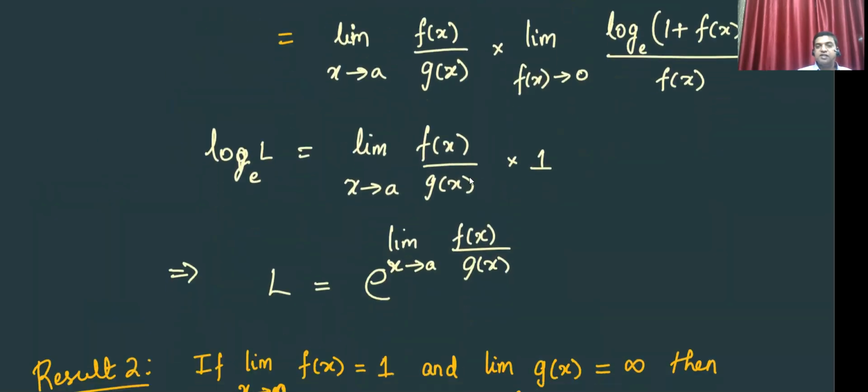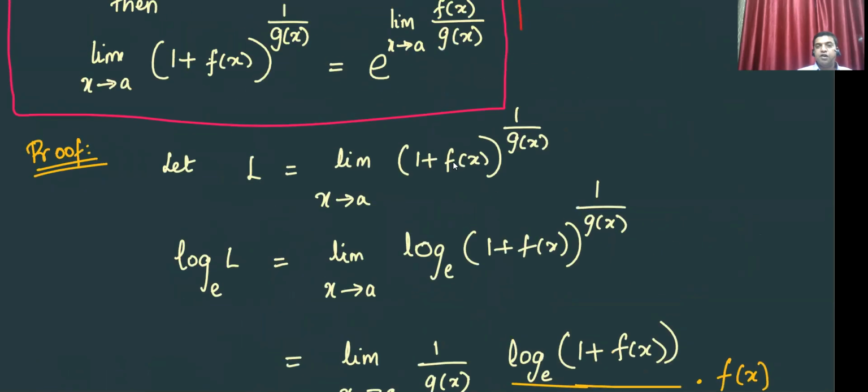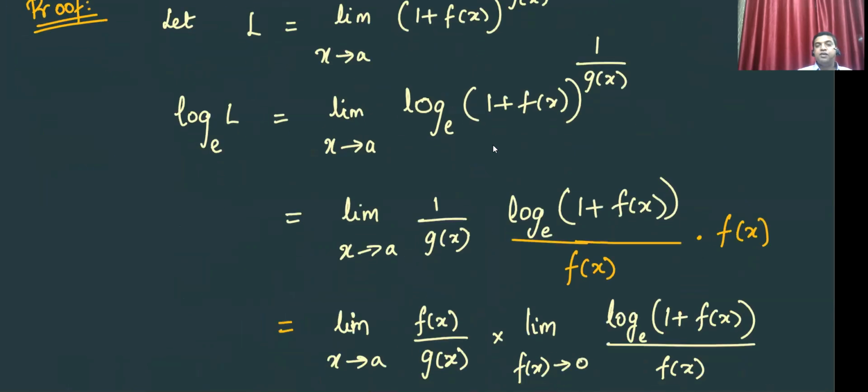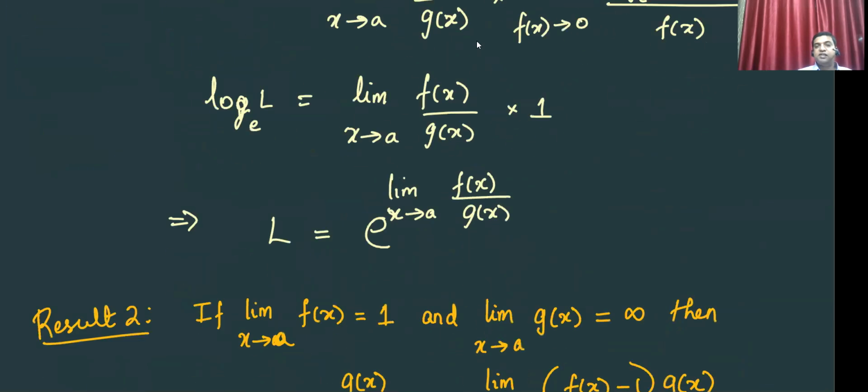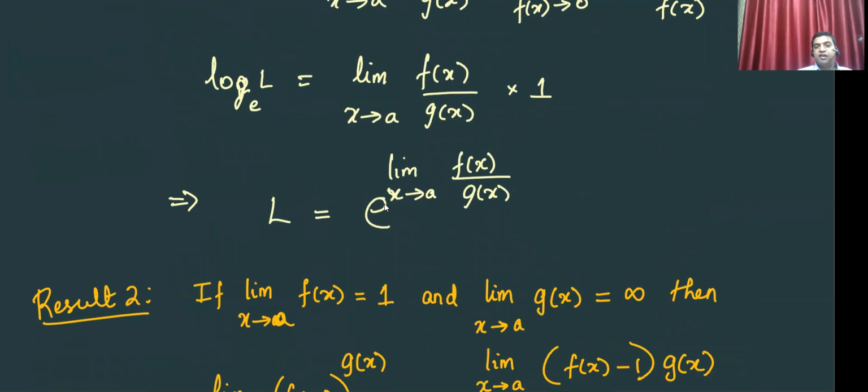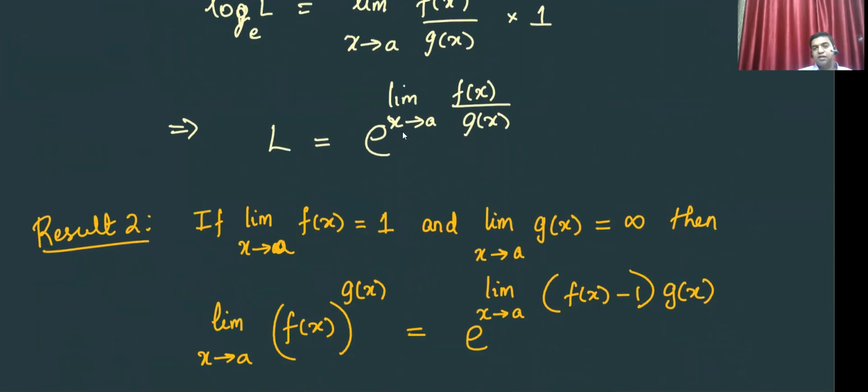In the previous case, both f of x and g of x are tending to 0. So this is 1 plus 0 raised to the power 1 by 0, infinity. So the final result is e power limit the 0 into 1 by 0. That means 0 into infinity. That makes it indeterminate. Okay.